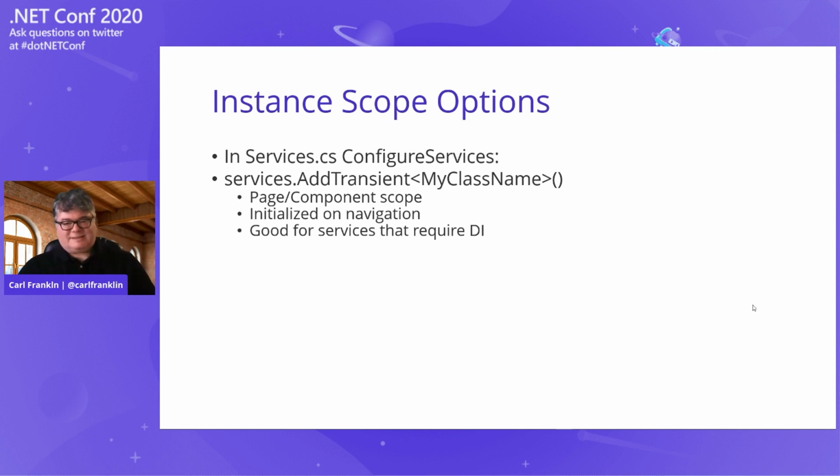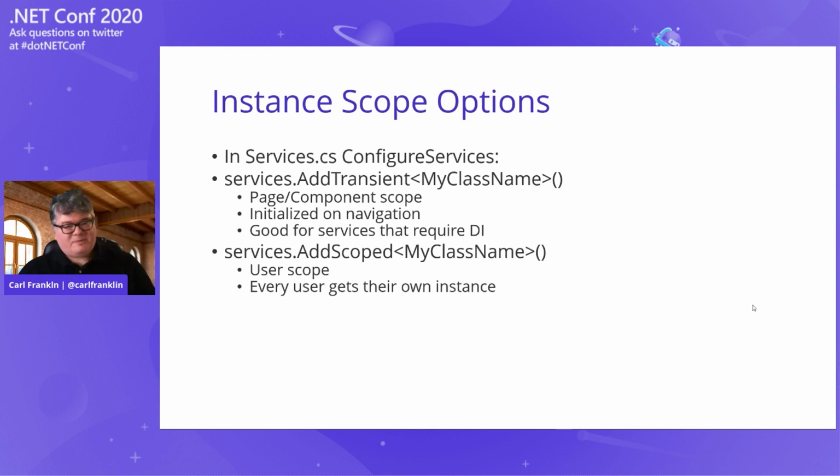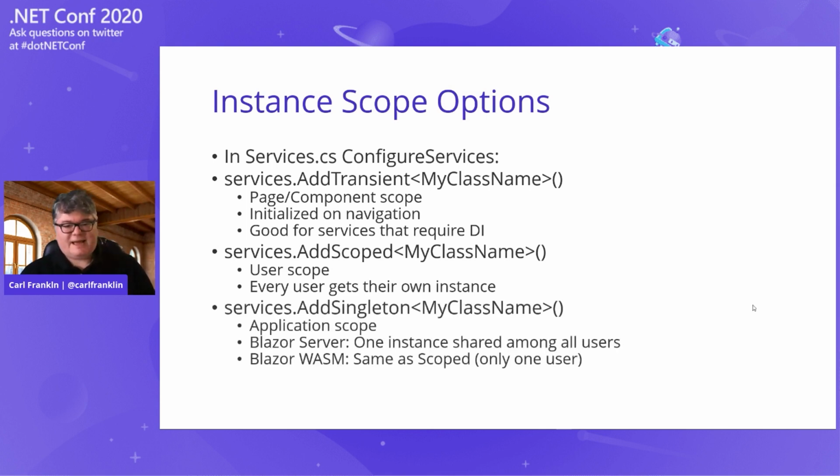If these classes have to be set up with dependencies before you use them, this is a great way to do it. AddScoped is that per user scope. Every user gets their own instance. And AddSingleton is the application scope. In Blazor Server, one instance is shared among all the users. And in Blazor WASM, it's the same as a scoped service because there's only one user. You're not going to have more than one user. It's running in the browser, right?